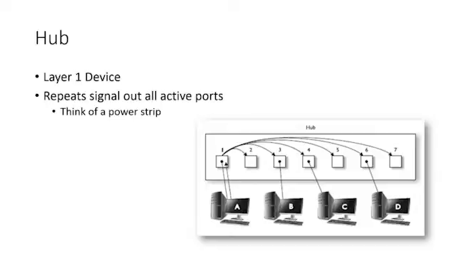It doesn't really do anything except replicate out our signals. Think of it like a power strip. Right? You plug a power strip into the wall, the electricity comes through, and you may have 4 or 5 other ports on there. Well, those 4 or 5 ports all have equal opportunity to that power coming from the wall. A hub kind of does the same thing. You may have 3 or 4 cables plugged into it.